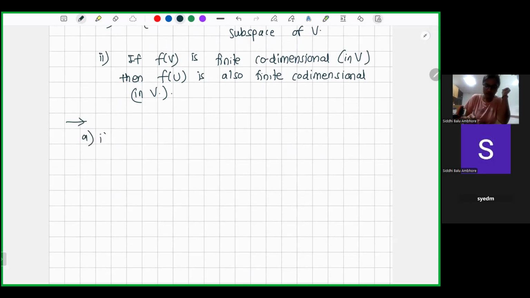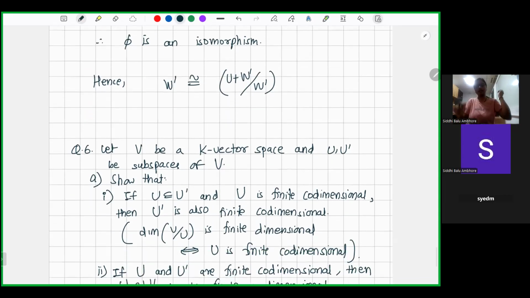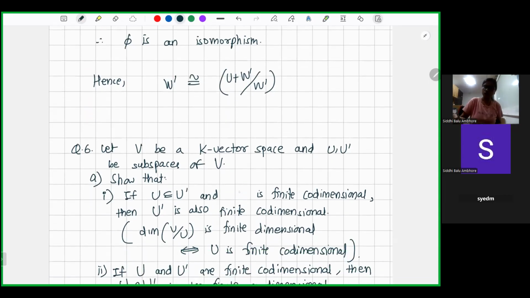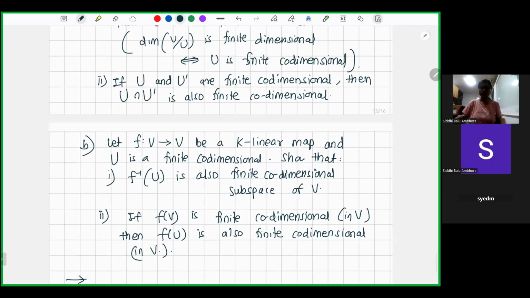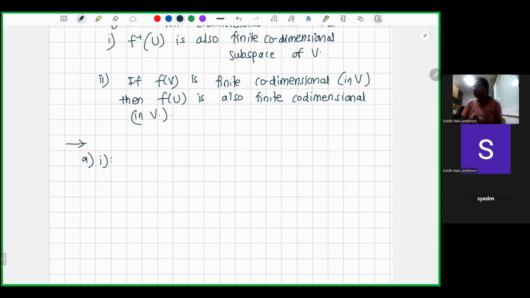So the first part is that if U contained in U dash and U is finite codimensional, then U dash is also finite codimensional. That is what we have to prove. Okay, so what we will do is let U contained in U dash contained in V is what we have.